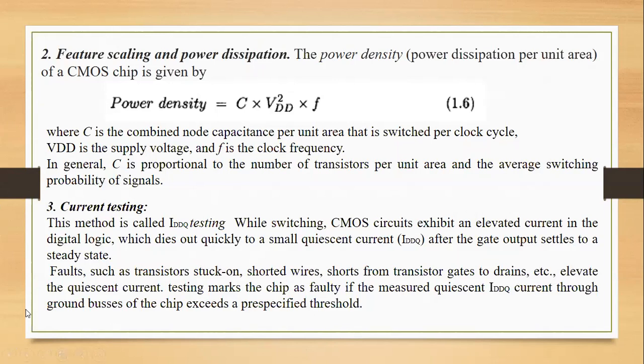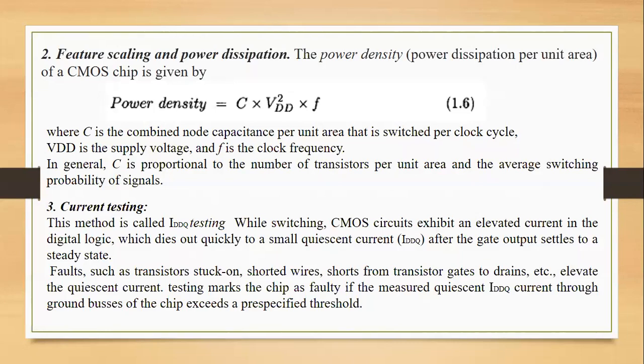So if we have any stuck-at fault in the circuit, stuck at logic 1 or logic 0, or faults based on shorted wires, or gate-drain operation, or the logic operation, all of these come under consideration as quiescent current itself.